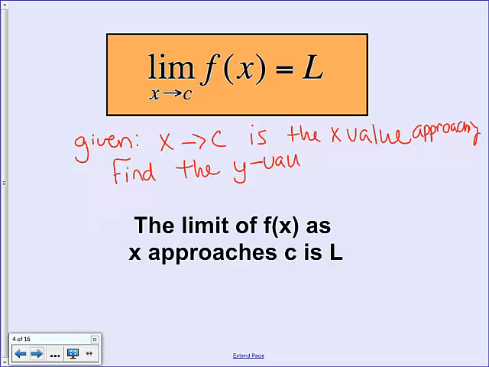The y value, in this case, is now f of x. So the f of x value is what we're approaching.